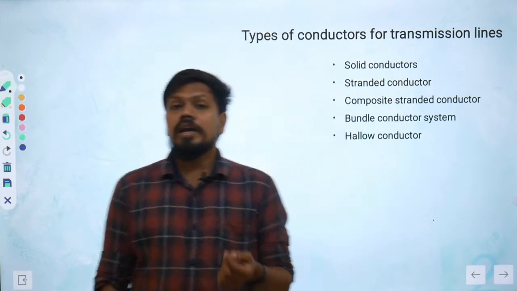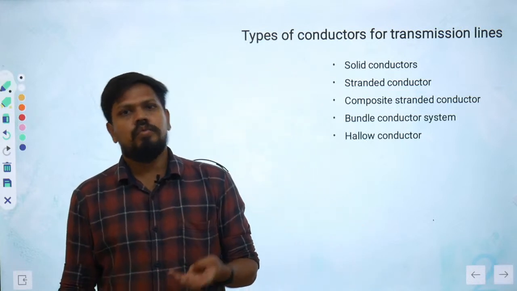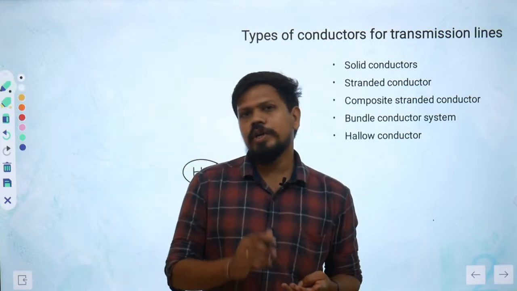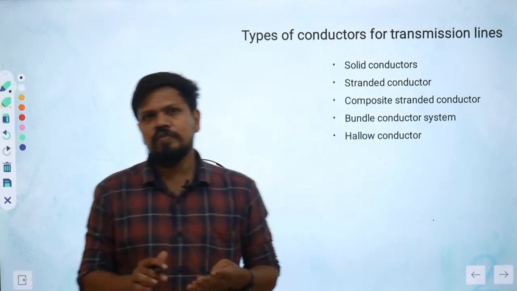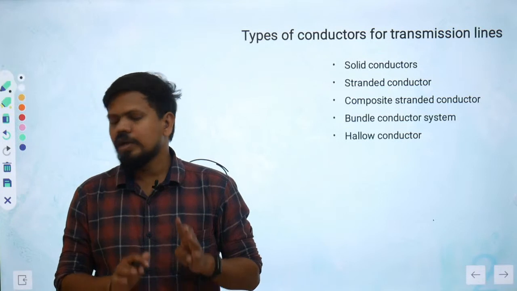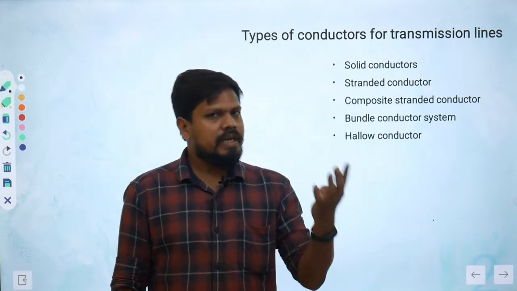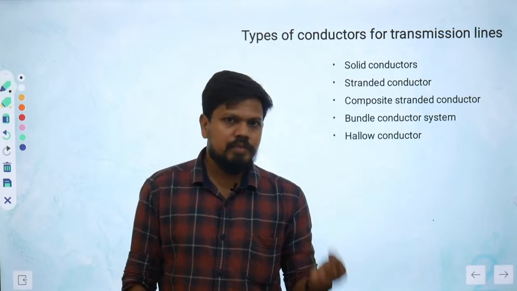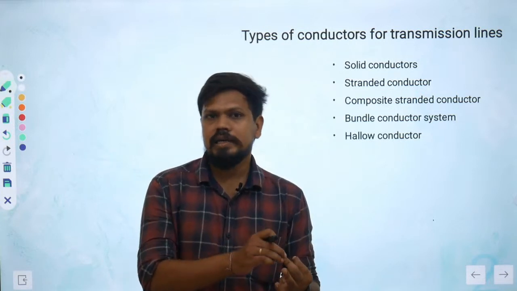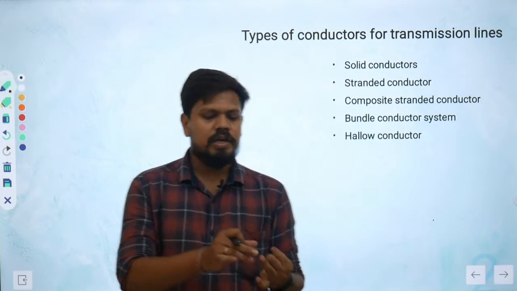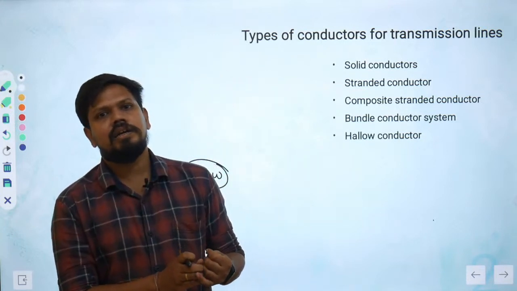Generally, what are the major subjects we have? If you are an electrical engineer, you may already know. One is power systems, second is electrical machines, third is electrical circuits, otherwise called networks, and the other is electrical and electronic measurements.